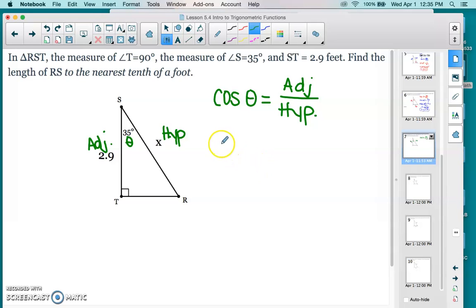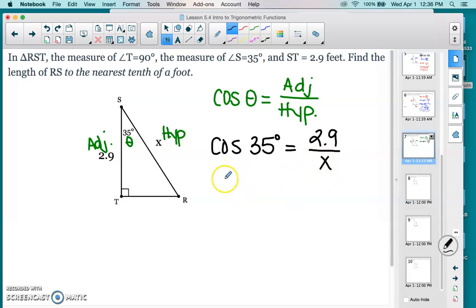Plug in. So you would have your angle is theta. Adjacent is 2.9. X is hypotenuse. We're going to solve this one. It's a lot like the steps from the last example. That means multiply by x first.